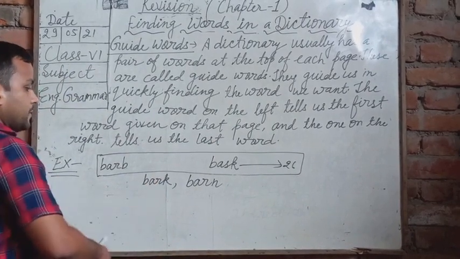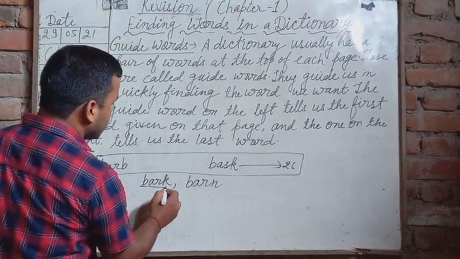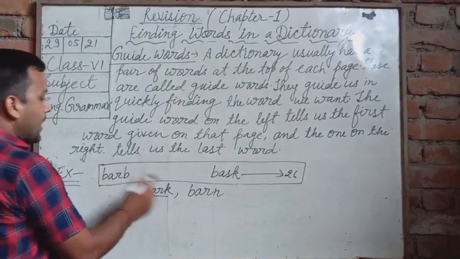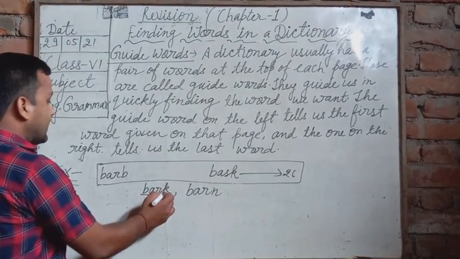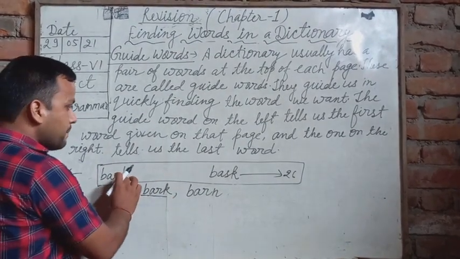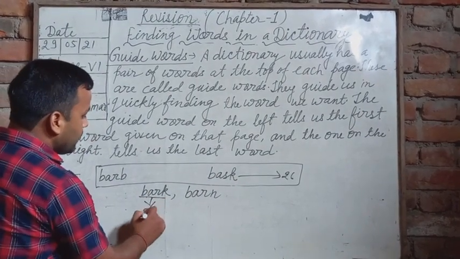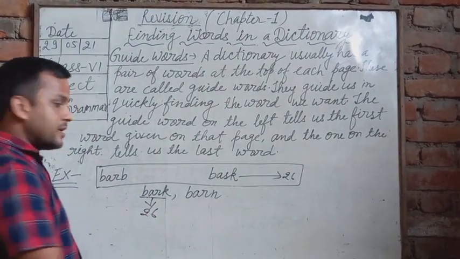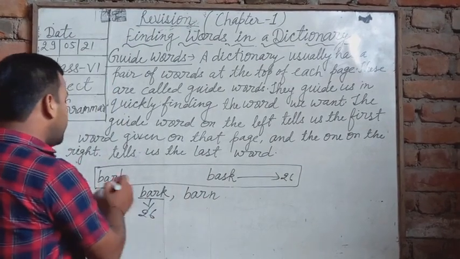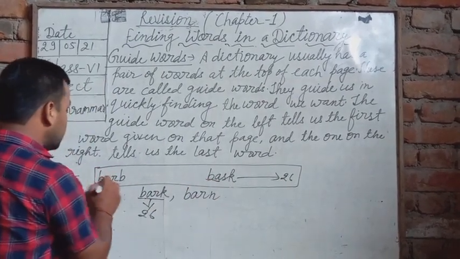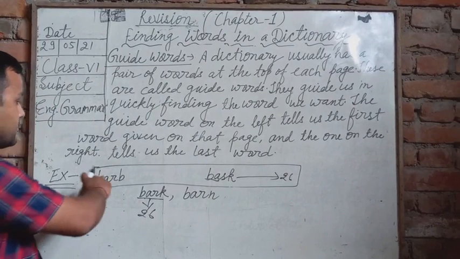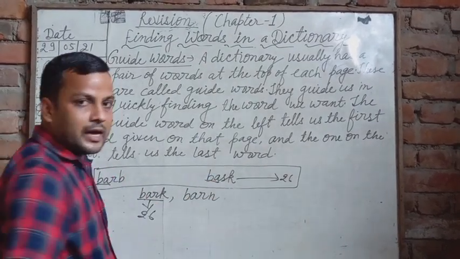So bark, B-A-R-K. B-A-R is common, and K will come between B and S. Okay, so the page number will be 26. In the same way, barn, B-A-R is common in the first word and in the last word.